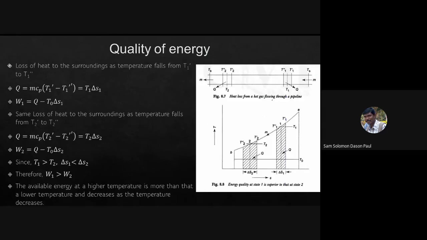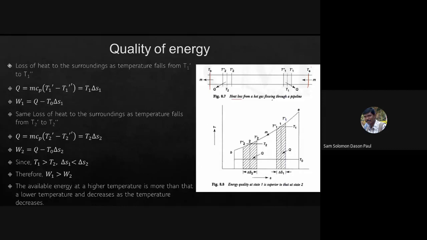Okay, the entry is here at A, and the exit is at B. M is the mass of gas entering through this pipeline from this end, and it is moving towards the other end, B. As it goes, it is losing heat. That is why we call it a heat loss. The gas or air entering at point A and leaving at point B is losing heat step by step as it moves.